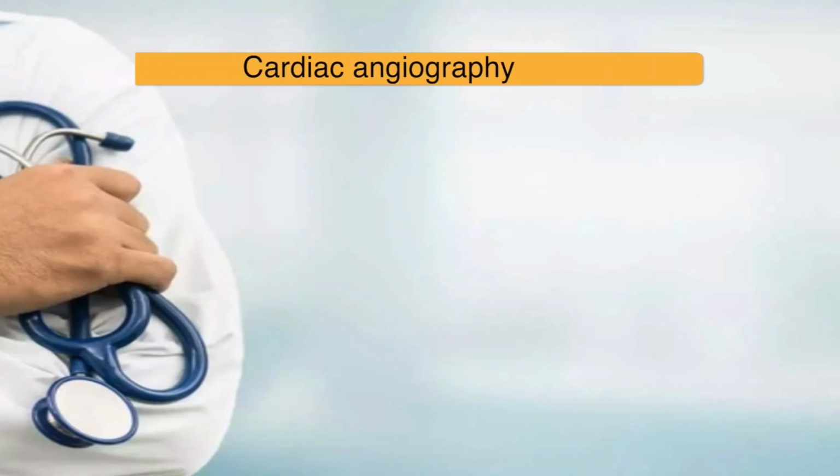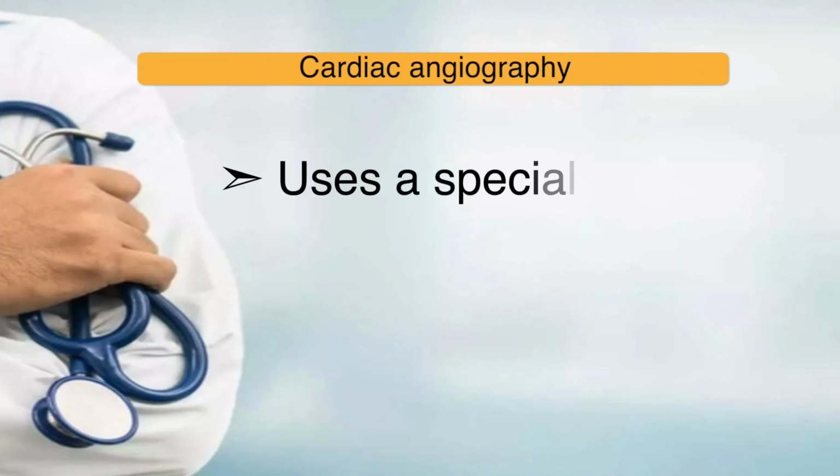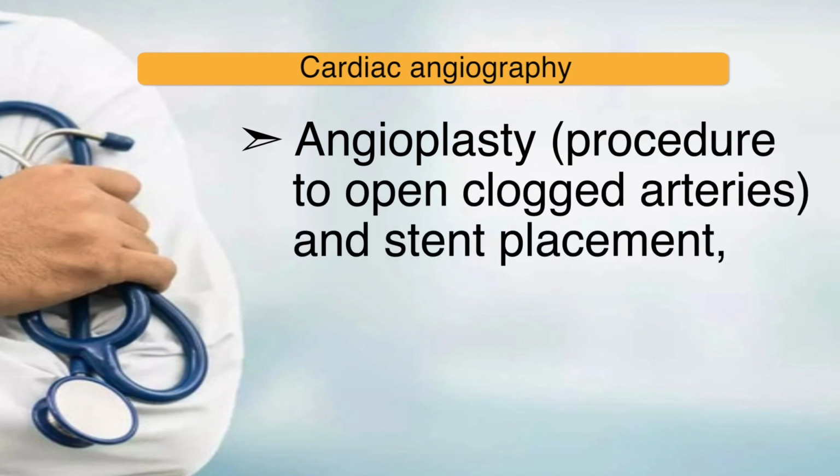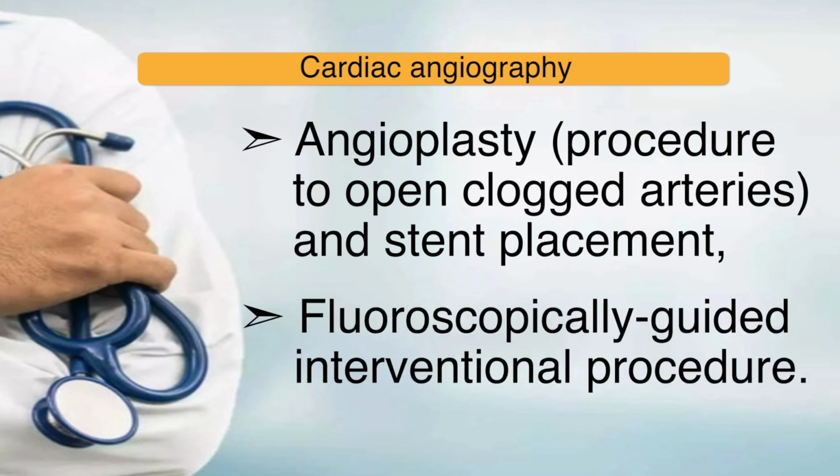And the next one is cardiac angiography. All of these emit radiation. They use a specialized form of radiography for angiograms and heart catheterizations, and that may include angioplasty, a procedure normally used to open clogged or blocked arteries, and stent placements, and it is often a fluoroscopically guided interventional procedure.